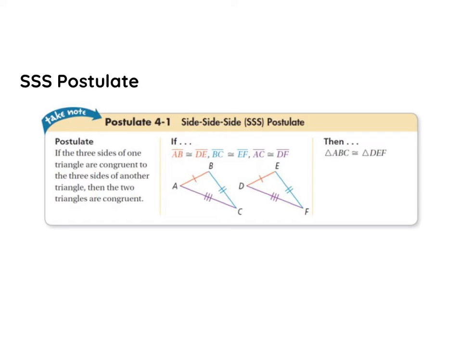All right, so in this case, we see AB is congruent to DE, we see BC is congruent to EF, and AC is congruent to DF. So because of that, we know that ABC is congruent to DEF. So that's the first one.